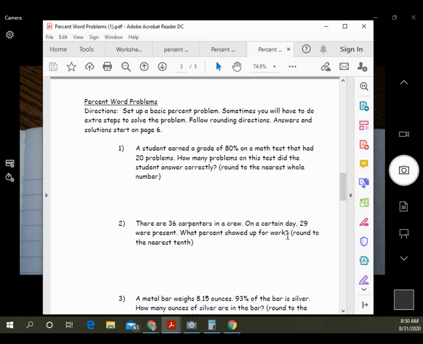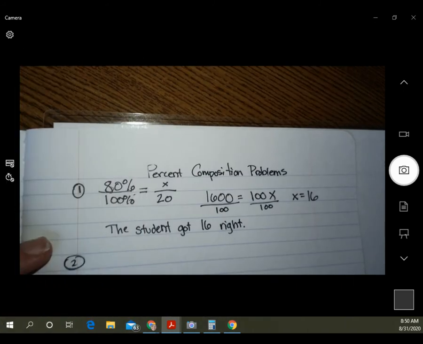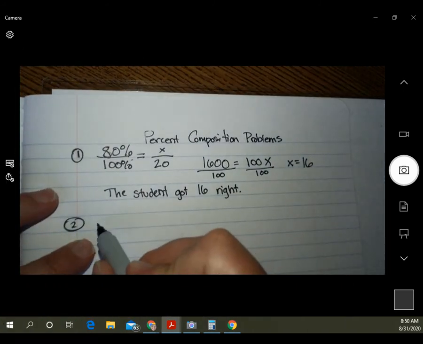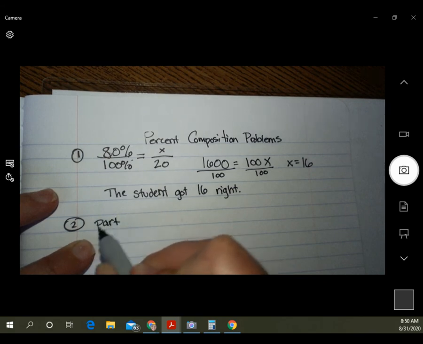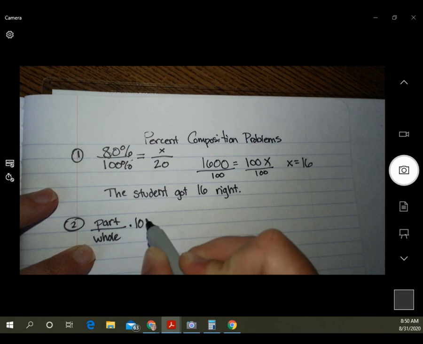So here's one that's more like what we were doing with the lab. If we know 29 is how many were there and 36 were how many should have been there, we're going to take the part divided by the whole and times 100. So let's do that on our paper. Number 2, we're going to go part divided by whole times 100.